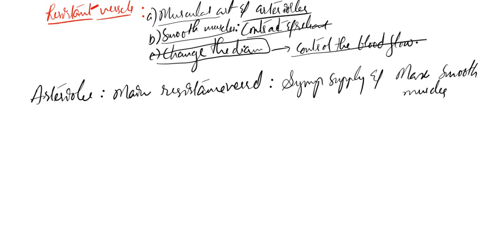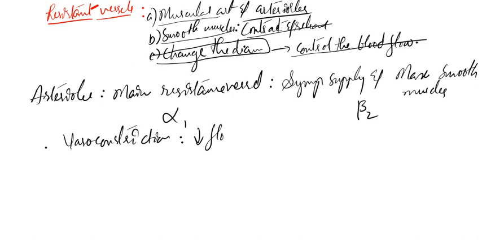Now if you ask what receptors control them, take alpha 1 and beta 2. Alpha 1 activation causes vasoconstriction, leading to decrease in blood flow.